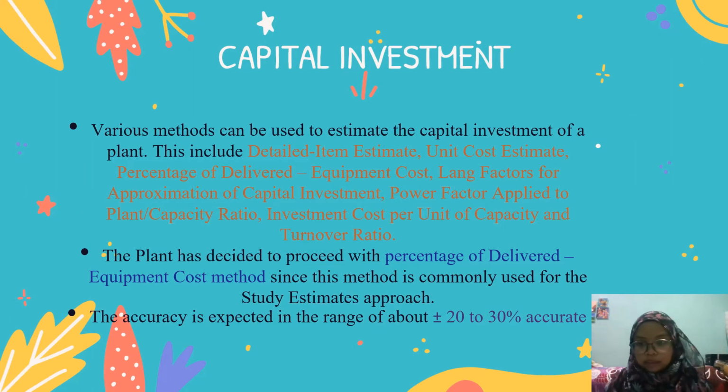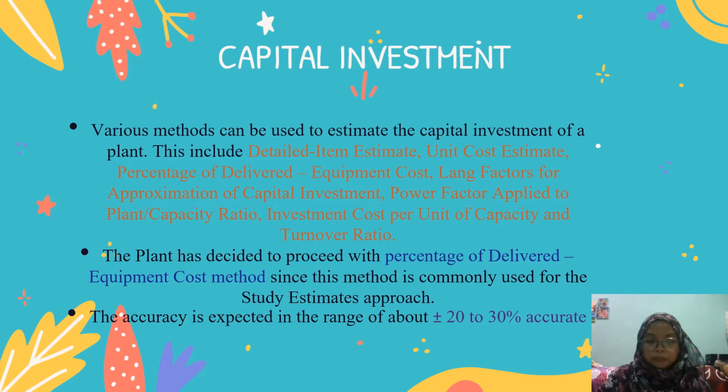Capital investment. Various methods can be used to estimate the capital investment of a plant. These include detailed item estimate, unit cost estimate, percentage of delivered equipment cost, lang factors for approximation of capital investment, power factor applied to plant or capacity ratio, investment cost per unit of capacity, and turnover ratio.